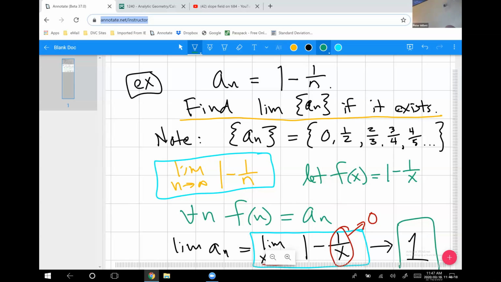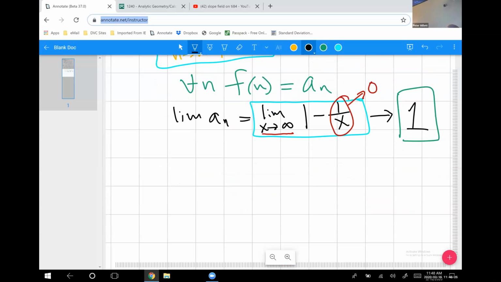So an example of when we couldn't do that so easily, just to compare to another example, let's say I have a sub n is equal to -2 to the n.